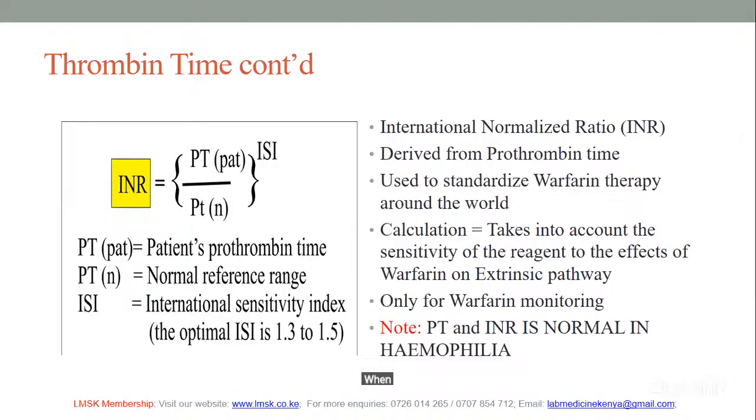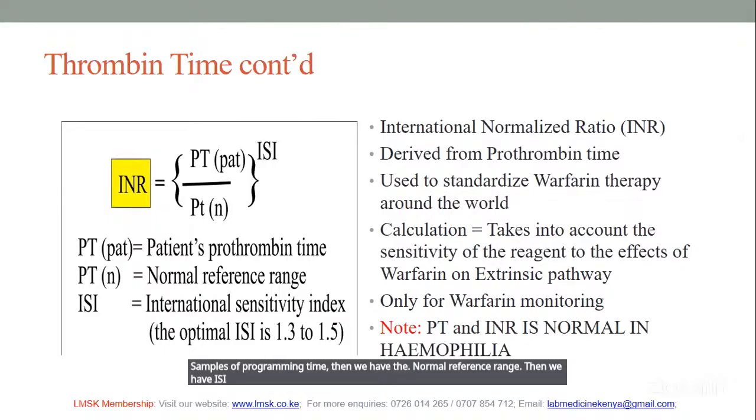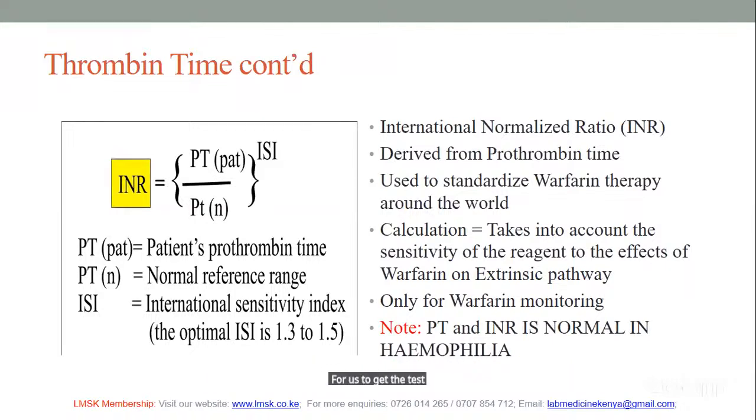When you are doing the INR, what do you require? You require a patient's prothrombin time sample. Then we have the normal reference range. Then we have ISI, that is International Sensitivity Index, for us to get the optimum test. This ISI is always between 1.3 and 1.5.